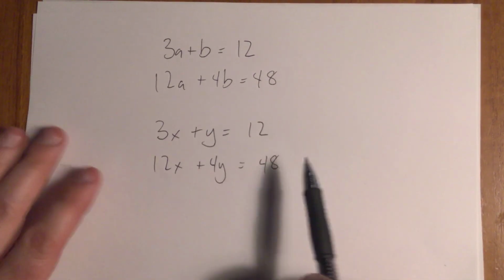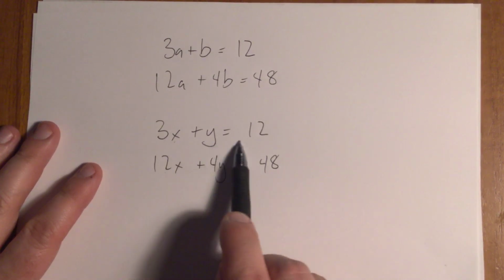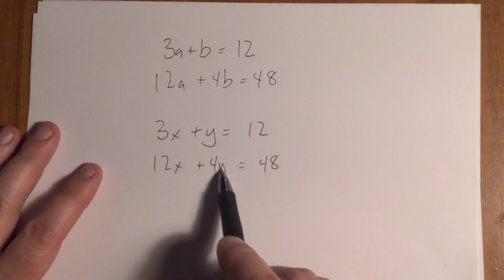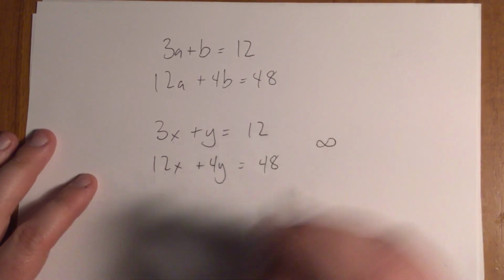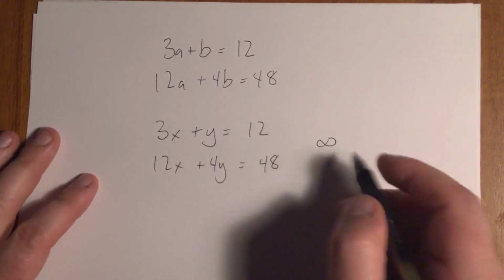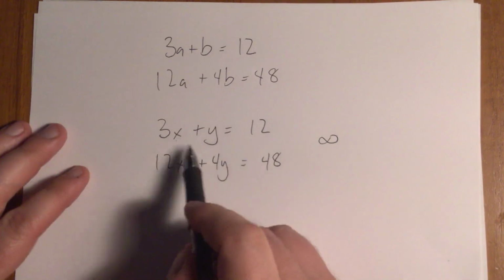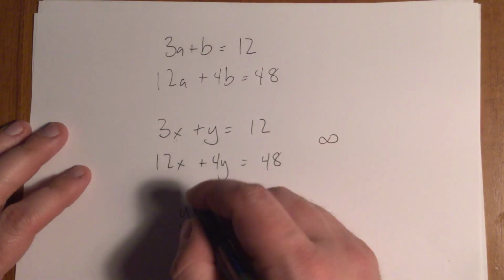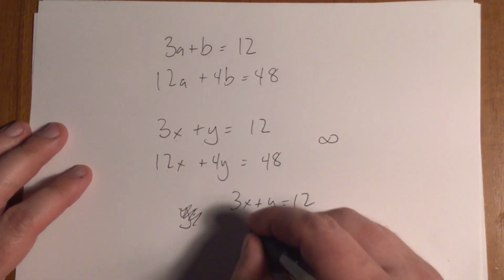Okay, so some of you might have already recognized that this equation looks like this equation times 4, right? 3 times 4. So this is going to have an infinite amount of solutions. If I wasn't sure, I could just solve this. So 3x plus y equals 12.